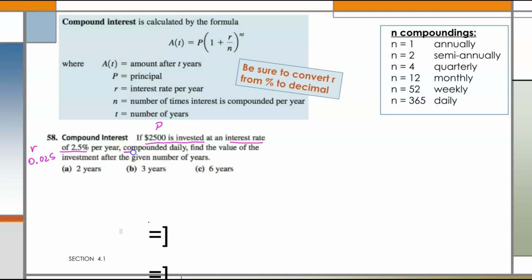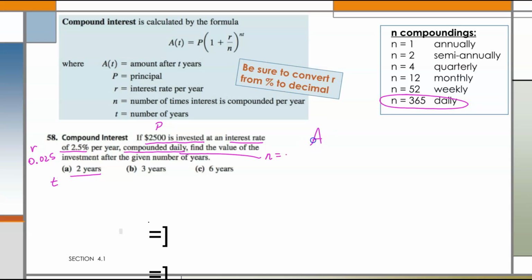Then we have compounded daily. This is where N appears. Compounded daily is our key wording that we're going to have this formula that involves N. Compounded daily, N is going to be 365. Okay, after a given number of years, that's going to be our T.